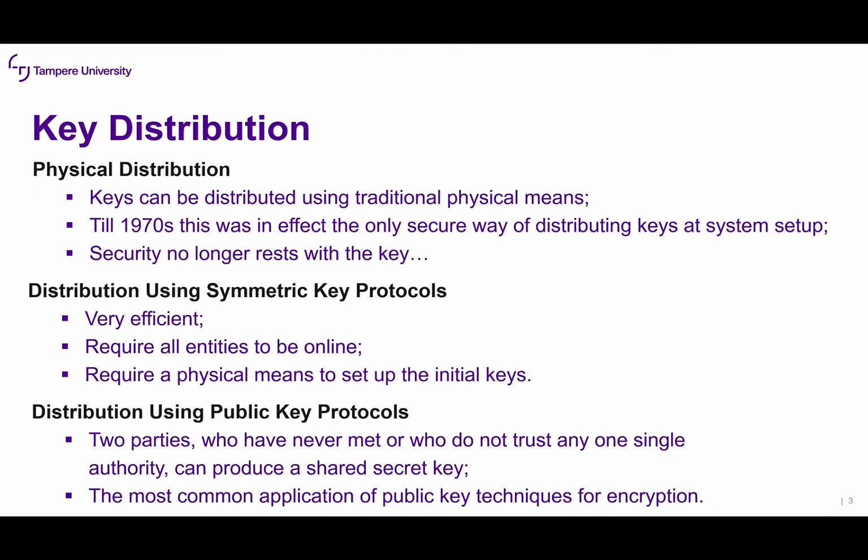Right, now, to understand the scale of the problem of key distribution, just imagine you have, let's say, a small university with around 10,000 students, and each student may wish to communicate securely with any other student in the university, right? So now, in such a system, you would need around 50 million separate secret keys.